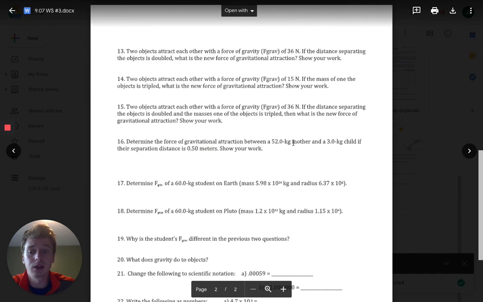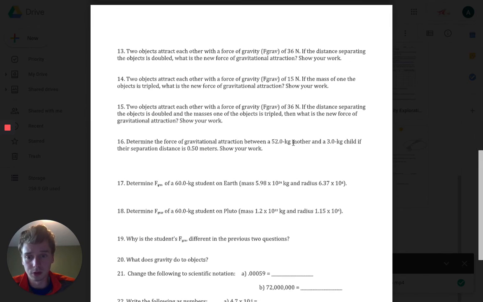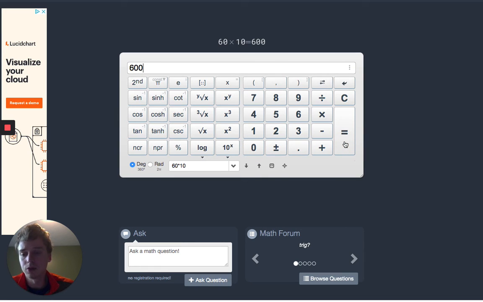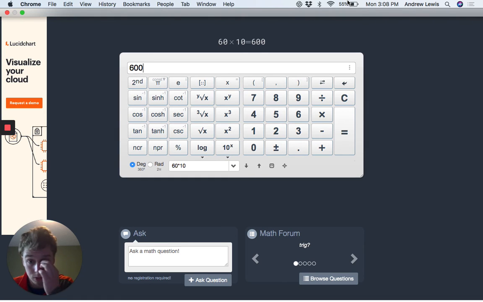If I had asked you earlier, even before this unit, to find the force of gravity acting on a 60 kilogram person, a lot of you would have been able to do that, right? All you need to do is just, okay, it's a person on Earth, so 60 kilograms times 10, and we get their force of gravity around 600. Right? So why is it that this number is different? Why is it 600 and the other one is 590?